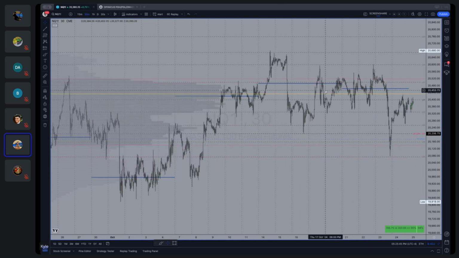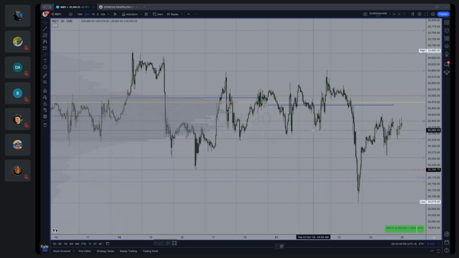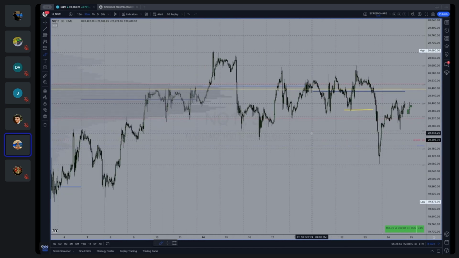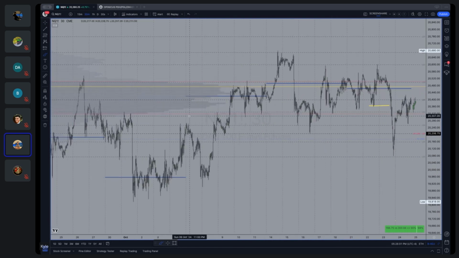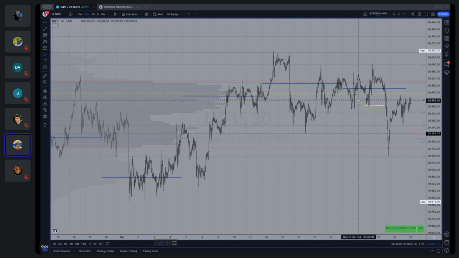For example, I wouldn't consider this a level, because it only tests it once. It'll be significant maybe for 12 or 24 hours. But as far as higher time frame levels, I just zoom out. I wish I had some trick about it, but I look at where price moves and I slap a level there.